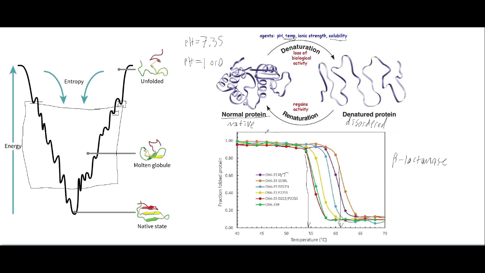Just by adding single amino acid mutations into our protein, we can actually change the stability of the protein in its native state. You can see here that as we increase the temperature, these stay in the native state right here. But then we start seeing degradation or denaturation of the protein starting here.